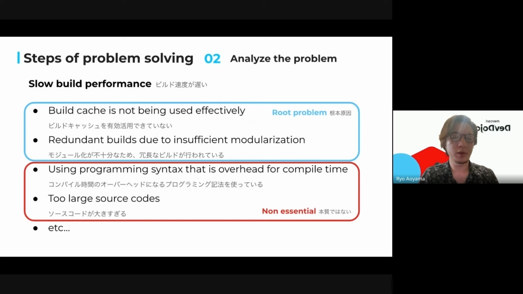For the next two issues, for example, the compile time overhead requires individual effort. Therefore, we can say that this is not the root cause. And for the code being large, as the product grows, we cannot avoid the source code getting bigger too. So this was also not the actual root cause.